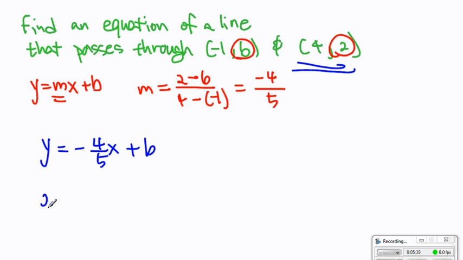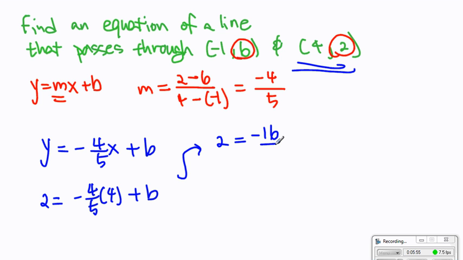Now we get 2 equals negative 4/5 times 4 plus b. Here we end up getting 2 equals negative 16/5 plus b.